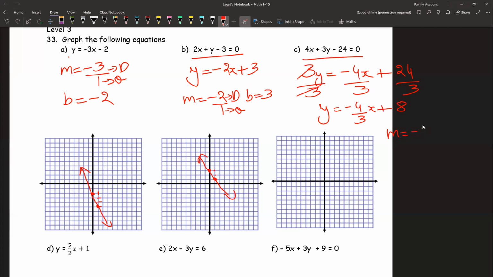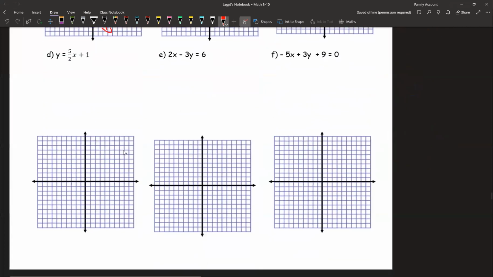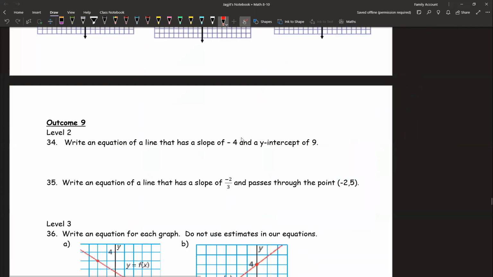So our slope is minus 4 over 3 and our b value is 8. 1, 2, 3, 4, 5, 6, 7, 8. And then we go 3 over and 4 down. So 1, 2, 3, 1, 2, 3, 4. Take your ruler, join those 2 points. Simple. All of those are quite similar.